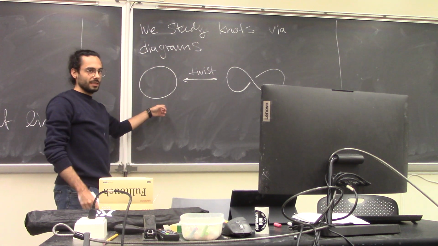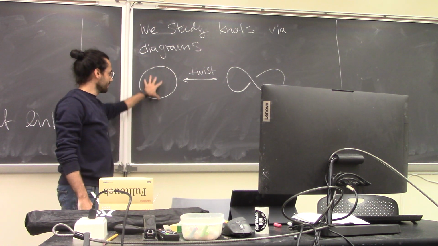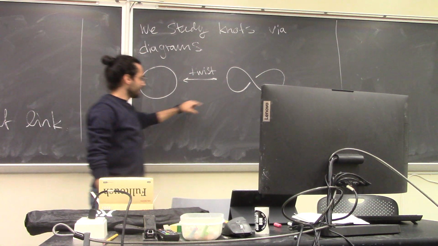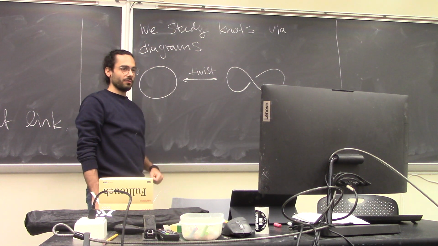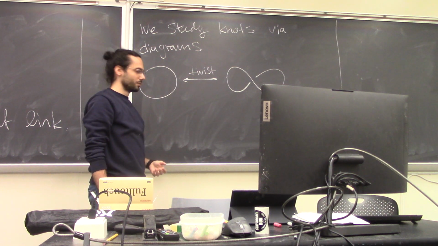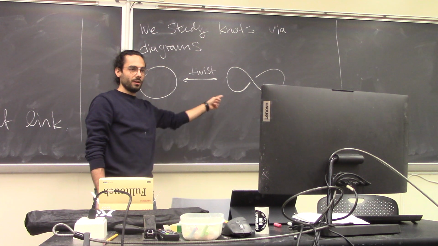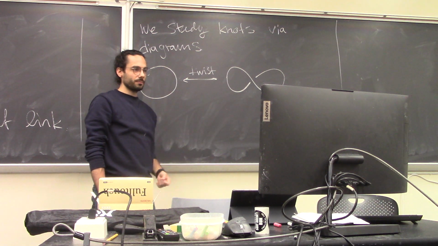Well, maybe. In this case, the projections are different. So here's one projection, and then I made a twist to it. And the diagrams look different, but I need to find some kind of rule that tells me that these two are projections of the same knot. Okay?